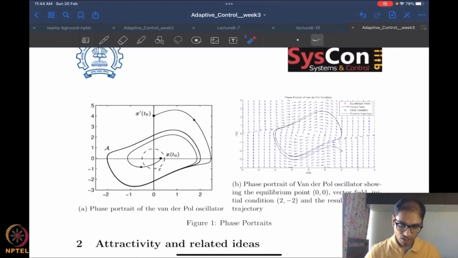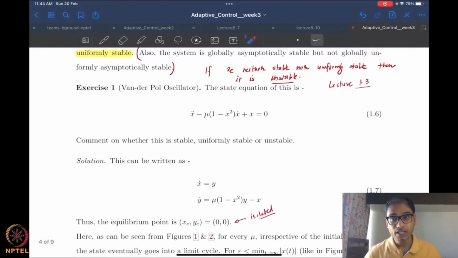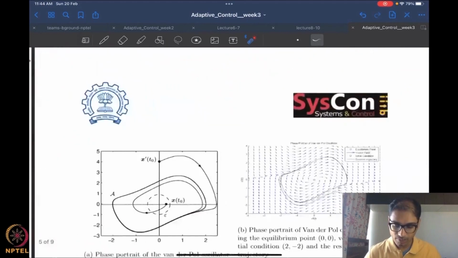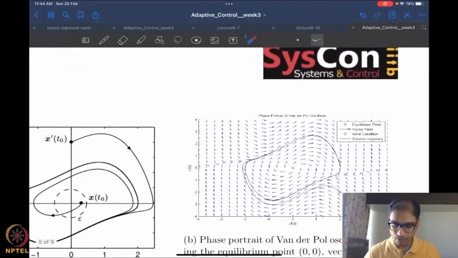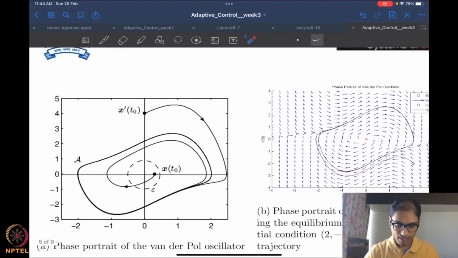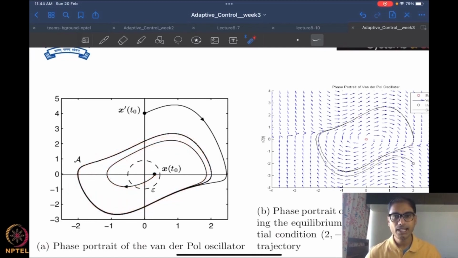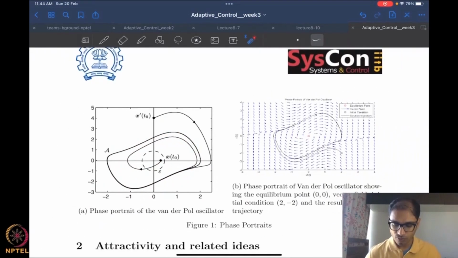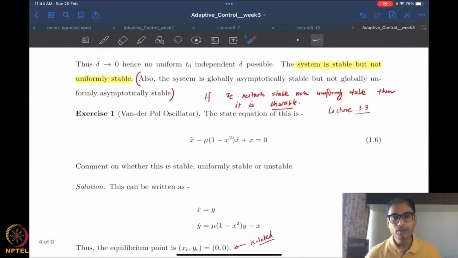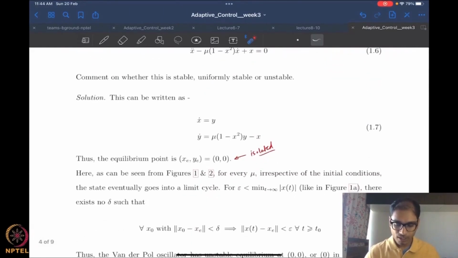We have not defined it yet, but this is called limit cycle behavior because it is a cyclical behavior in the phase plane. This is what happens wherever you start. It doesn't matter where you start, you will always end up following this sort of a limit cycle. And this is true for most values of mu.